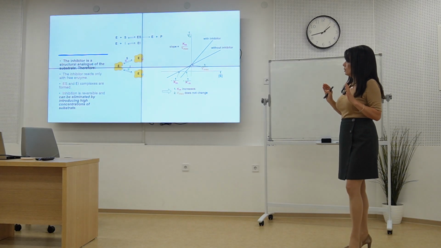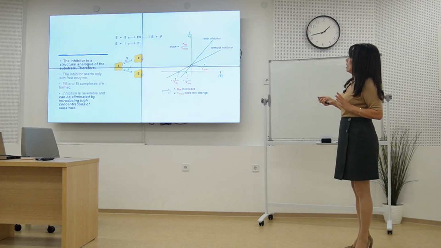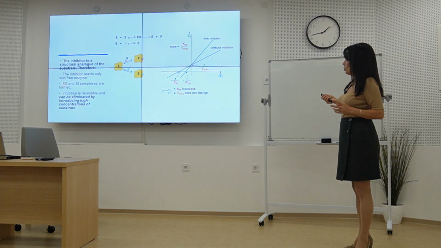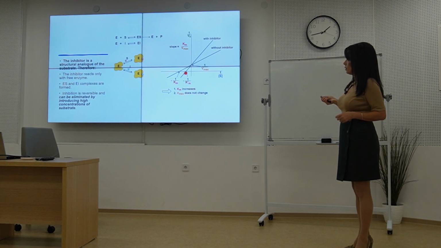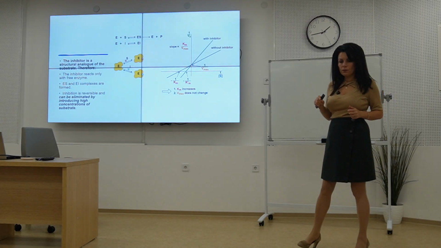About enzyme kinetics, you can see this Lineweaver-Burk plot. Km increases with inhibitor, but Vmax doesn't change. Why does Km increase?